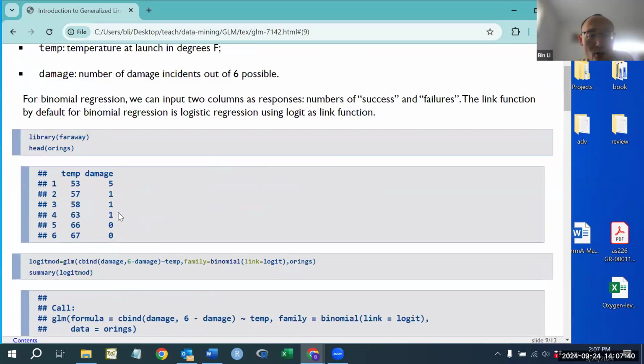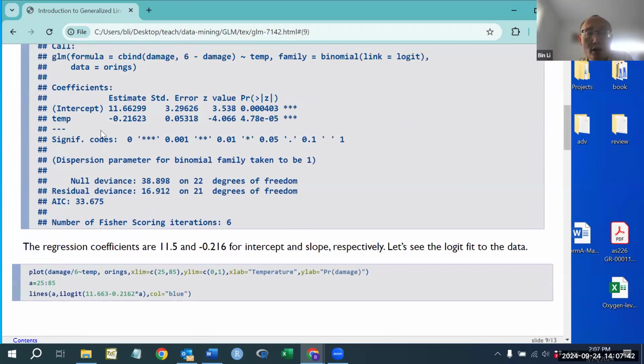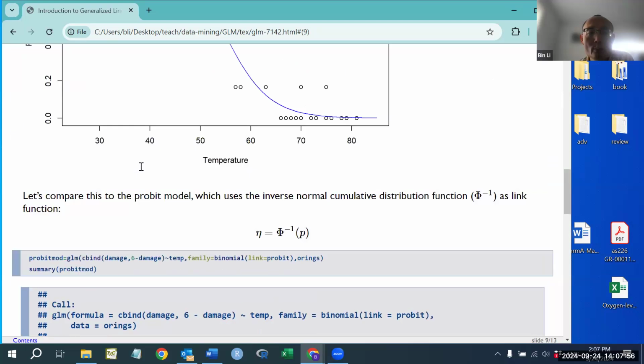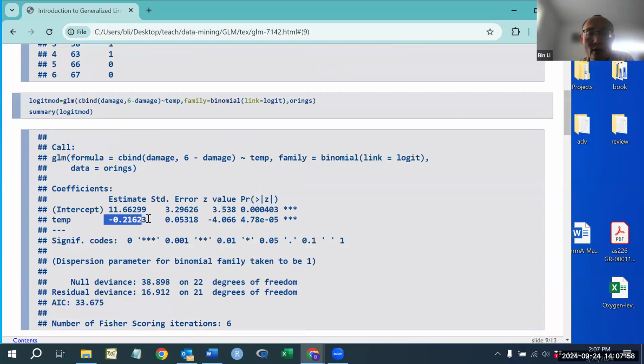Okay, so here, when we see these two models, they both indicate one thing: the coefficient for the temperature is negative. You see that? That's the logistic regression, and that's the probit. So these two models tell us one thing, what? When the temperature is higher, is the chance of having a damage higher or lower?